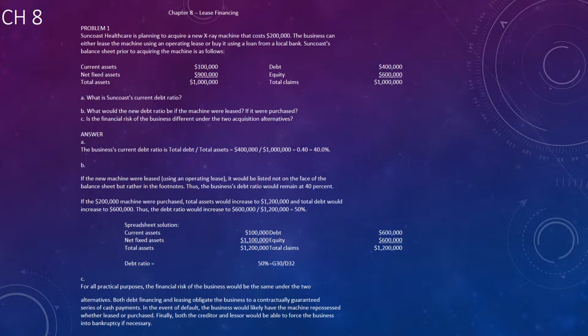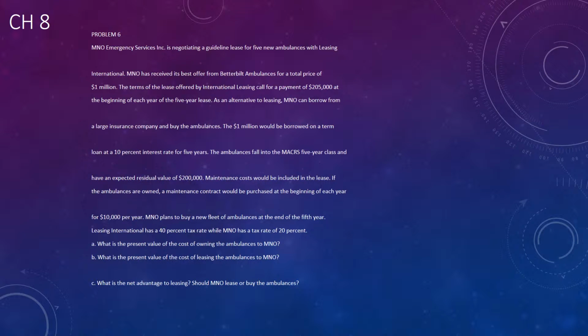But in the big scheme of things, aside from changing the debt ratio and moving some things around on the balance sheet, one sitting on, one sitting off, the risk is the same. You're acquiring a $200,000 piece of equipment and you're using someone else's money. If you don't pay for it, they're going to get their money. So, let's talk about problem 6.